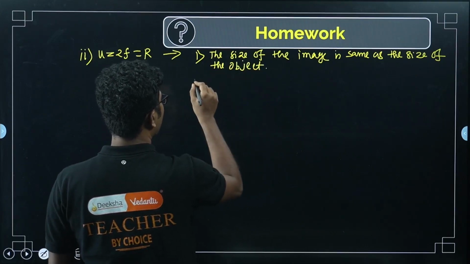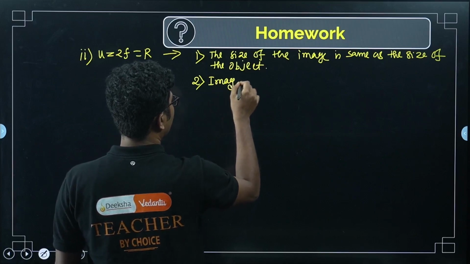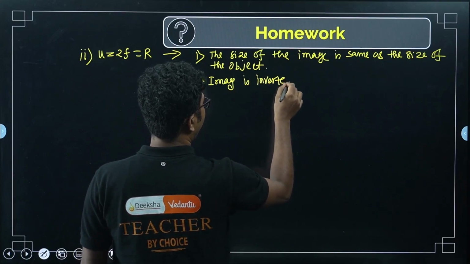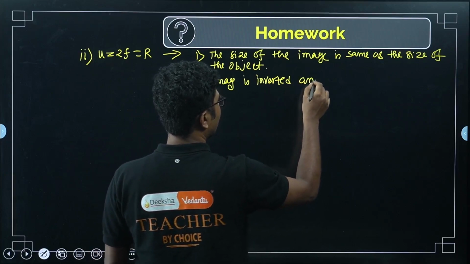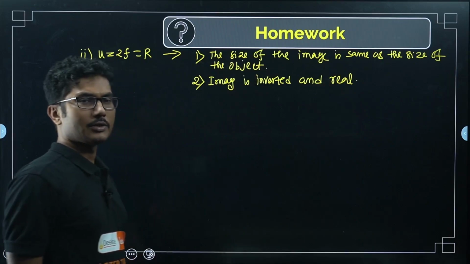Okay, this is number 1. Number 2, the image is inverted and real. Okay, these are the 2 properties of this image.